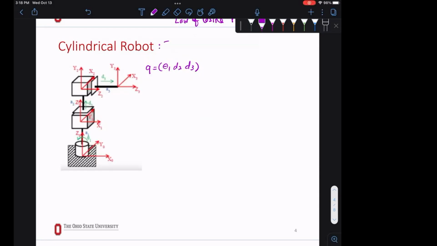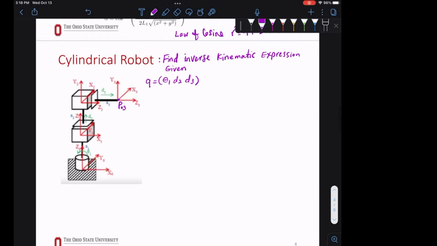The question is: find the inverse kinematic expression given P03, X, Y, Z03, ignoring orientations.